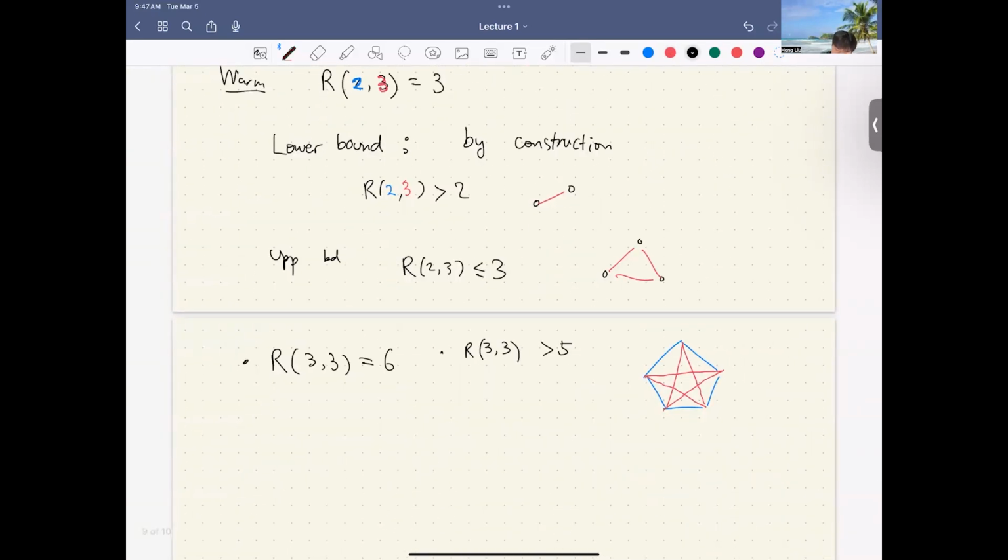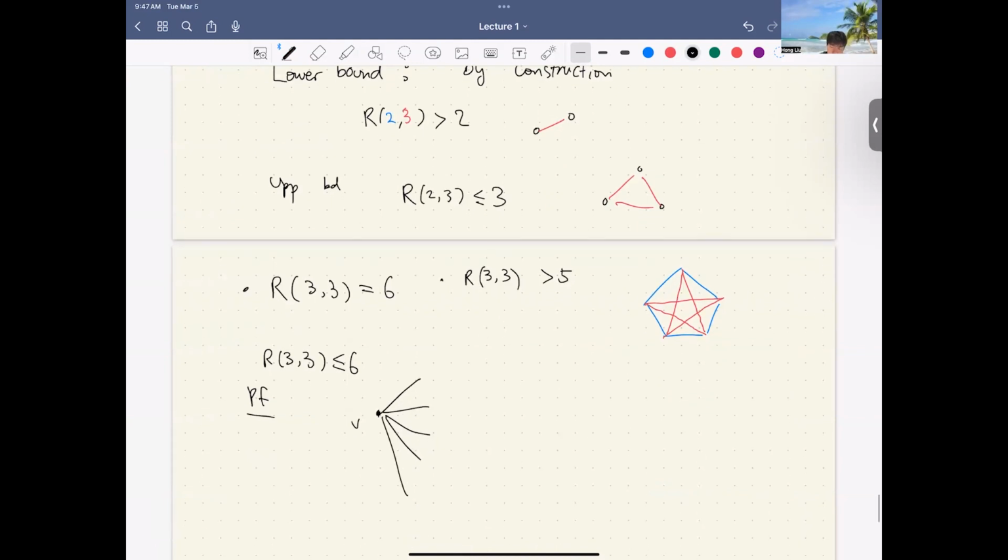Now the upper bound, at most 6. How do we prove it? Take an arbitrary vertex v. Look at its neighbors. You have 6 vertices, so 5 neighbors, right? The edges incident to v are colored in 2 different colors, either red or blue.